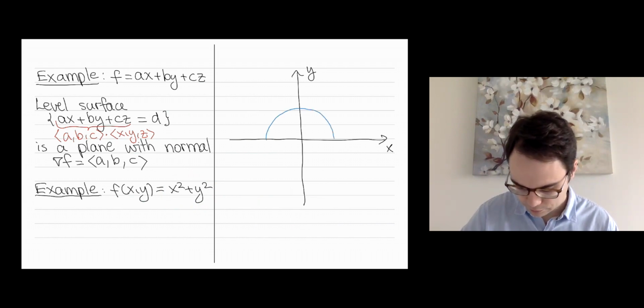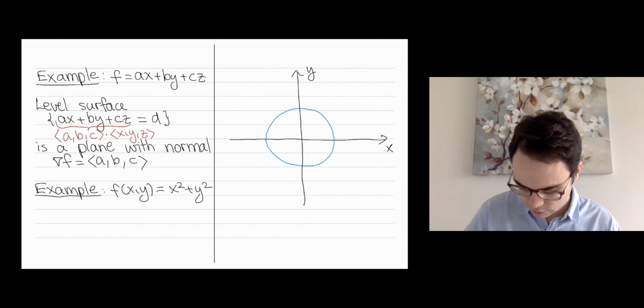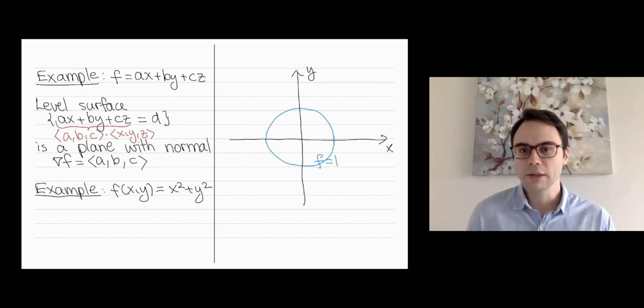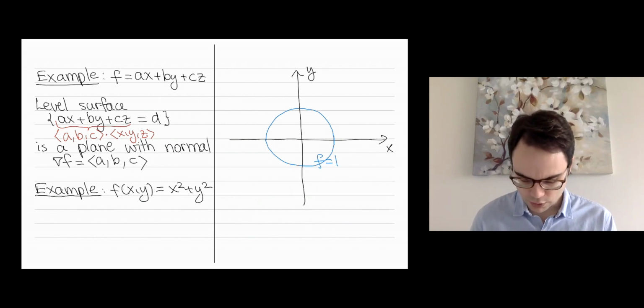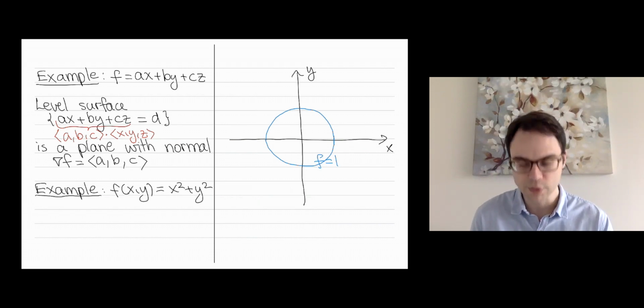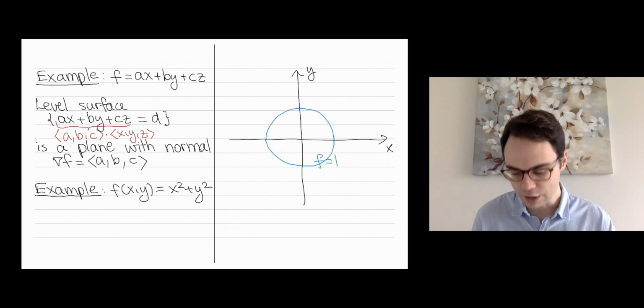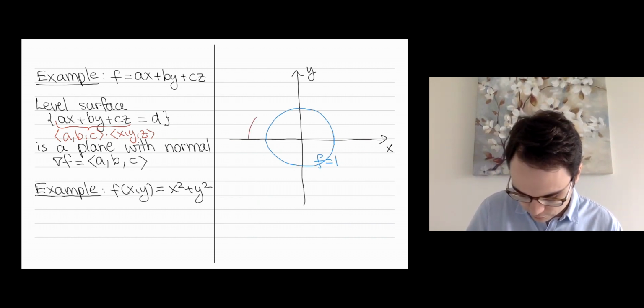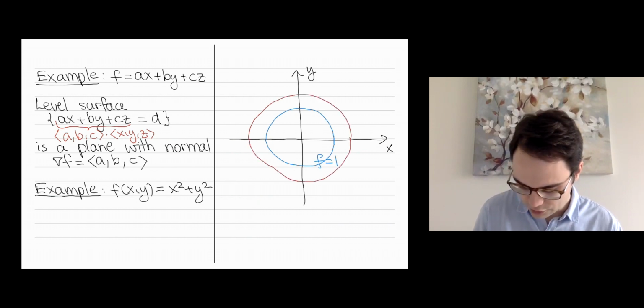So let me draw it here. This is the level set where f is equal to 1. Good. Now, what about the level set where f is equal to 2? The level 2 set is the set of all solutions to x squared plus y squared equals 2. That's the circle of radius root 2. So that's kind of here. My circles aren't looking as good today as they normally do.